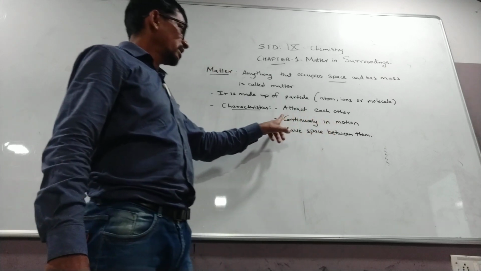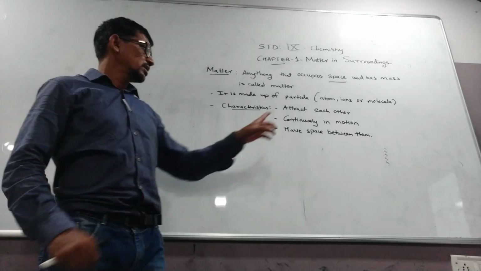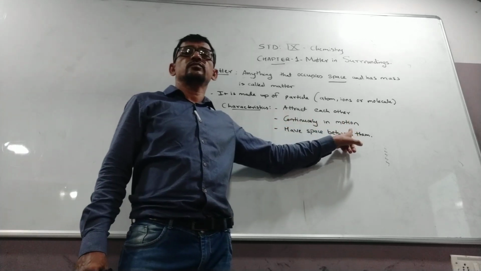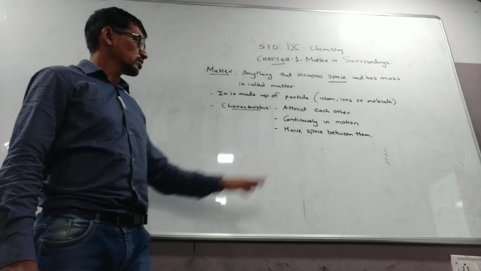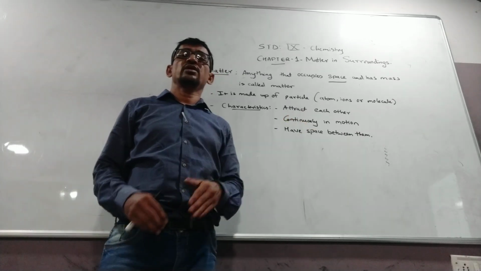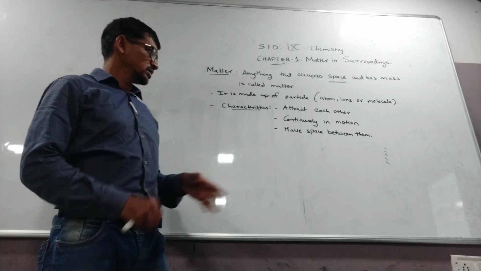Second, these particles, ions or atoms, are in continuous motion. We discussed earlier their continuous motion. It means they migrate from one place to another place.